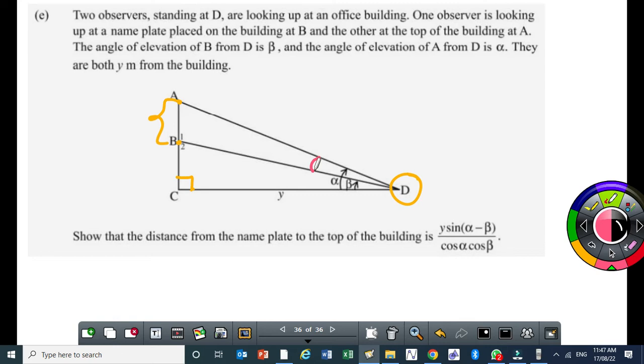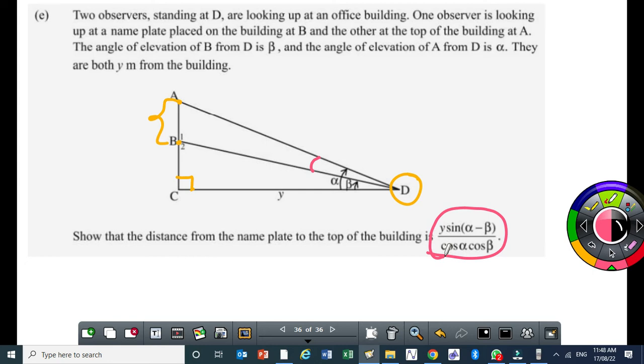So when you're doing a question like this, don't be scared. Look at what you're supposed to show. Let it guide you to the answer. Ask yourself, how can I create this alpha minus beta? The only way you can create the alpha minus beta is by subtracting beta from alpha and to get this angle, that is angle ADB.